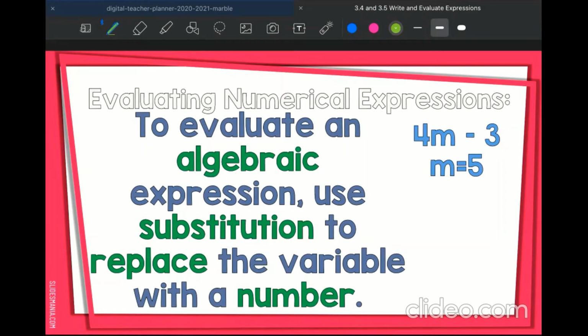Where do you think you might see substitution in real life? Where do you think you might see a real-world example? Cash? In business? Okay, yeah. For instance, I like to do Walmart click list a lot.